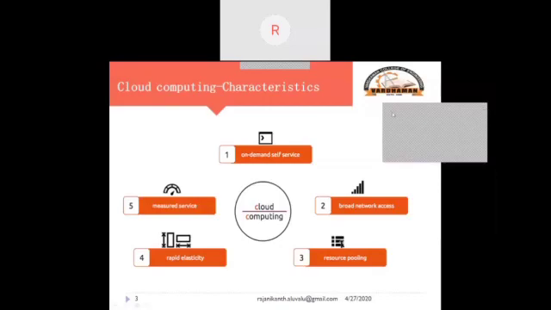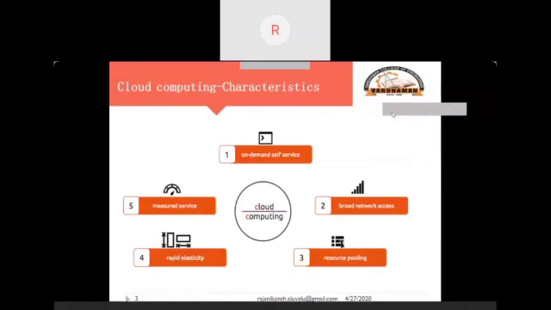when an organization or individual is using cloud computing and requires more resources, say more computing, more storage, or more network, human intervention is not required.